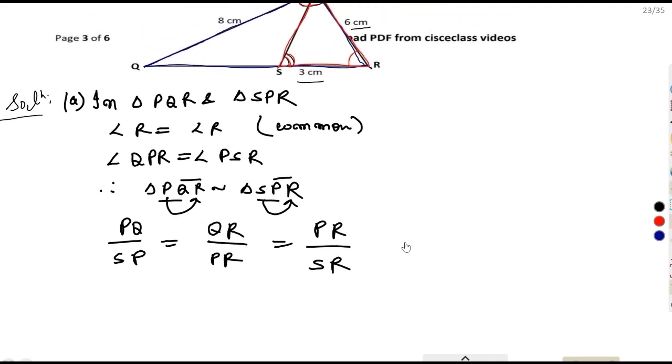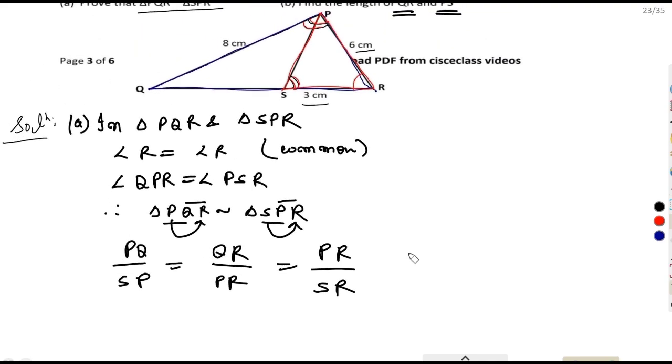Now put the given values. PQ is 8. SP or PS we have to find. QR is not given. PR is 6 and SR is 3.